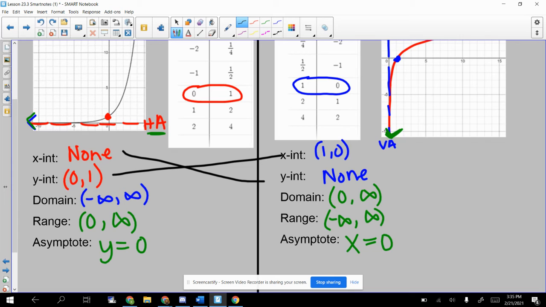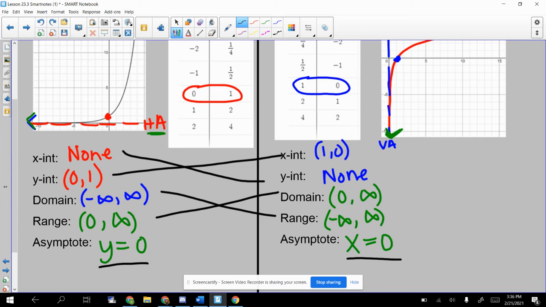Same idea with the domain and range. In an exponential, your domain is negative infinity to positive infinity, but in a logarithmic, your range is negative infinity to positive infinity. And in both of them, we had 0 as our asymptote. Just one of them is y equals 0, and one of them is x equals 0. One of them's horizontal, one of them's vertical.